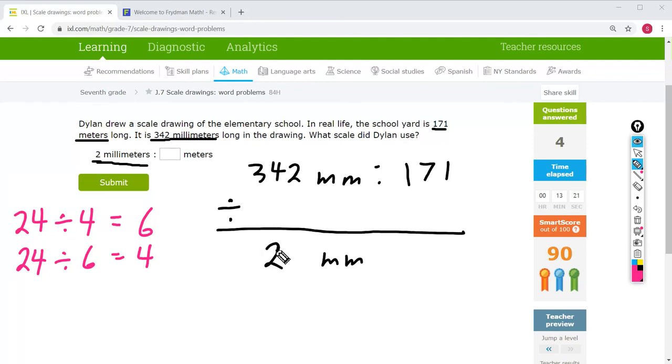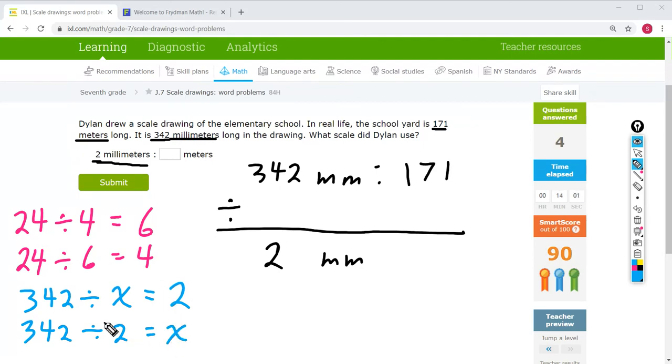Well, what am I looking for? I want to know 342 divided by what number is equal to 2. Well, I can write a sentence that corresponds to this sentence, and I can say that 342 divided by 2 is equal to x.